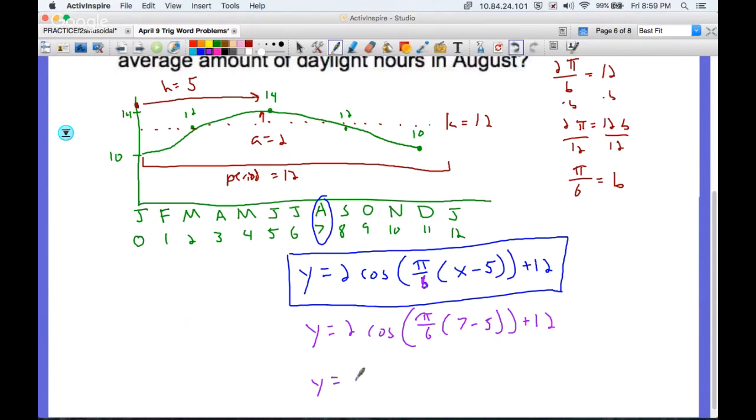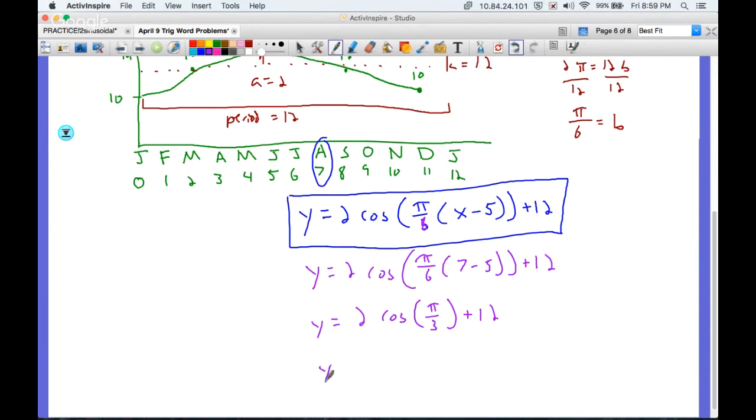Y equals 2 cosine of 2 pi over 6, which is the same as pi over 3, plus 12. Hopefully we'll have this one almost memorized by now.